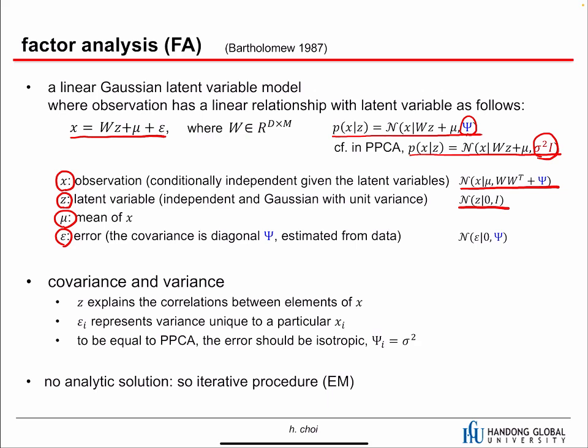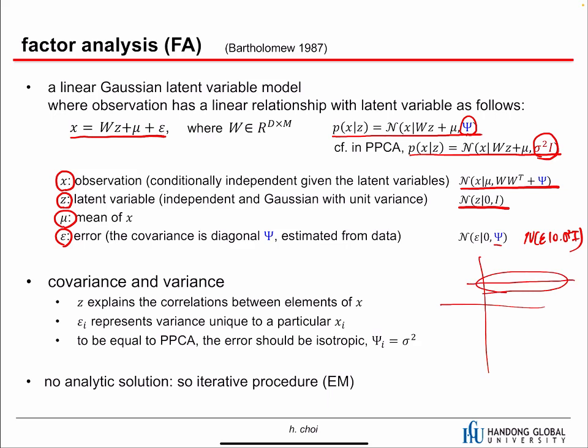In PPCA, the probability of epsilon is Gaussian with zero mean and variance sigma square times I. But in factor analysis, we have a diagonal matrix, which means all the dimensions are uncorrelated, or independent if you will, but they have different variances.